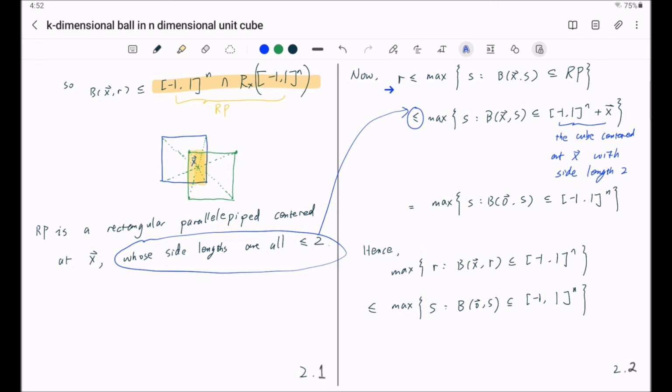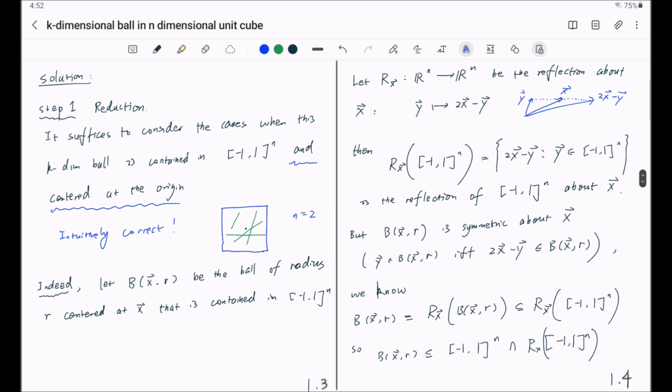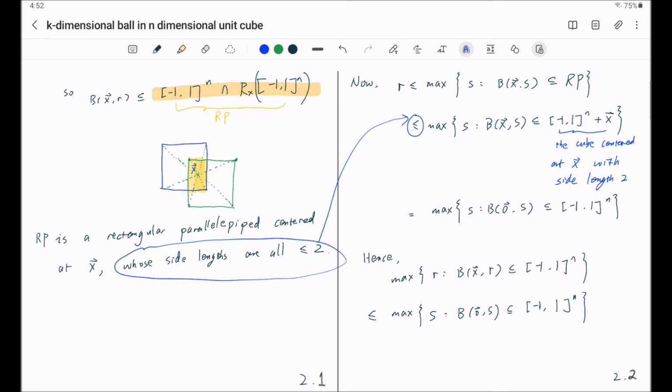This is because here r is arbitrary. This is any ball centered at x with radius r that is contained in this cube centered at 0 with side length 2. By the arbitrariness, we have this inequality. And this finishes our step number 1, the reduction. We have reduced the problem to the situation where it suffices to consider those balls that are centered at the origin and contained in this cube centered at the origin with side length 2.